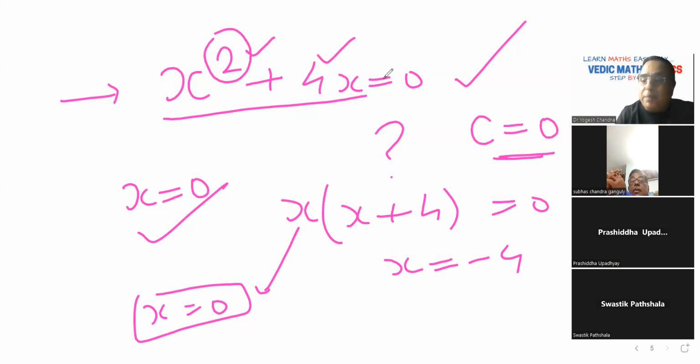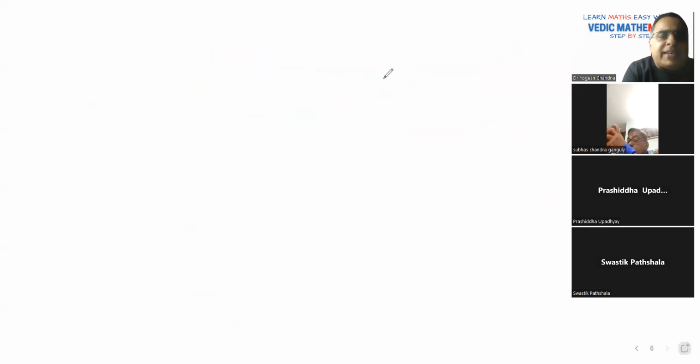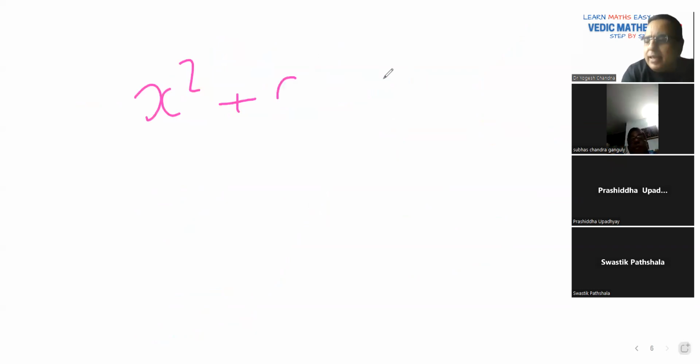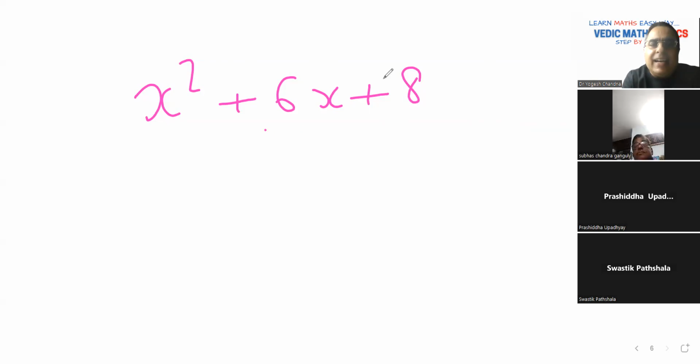Now, this was a very simple one. Let's move to a bigger one. x square plus 6x plus 8. Now see how to find it in a fast manner. This particular question I'll explain in depth, then we'll be solving within seconds. Observe this middle term.